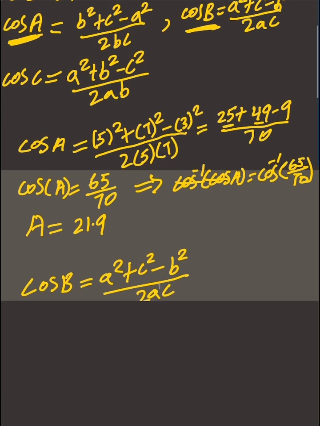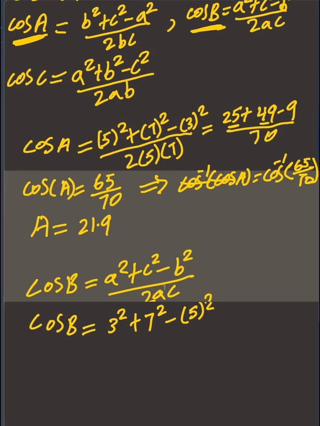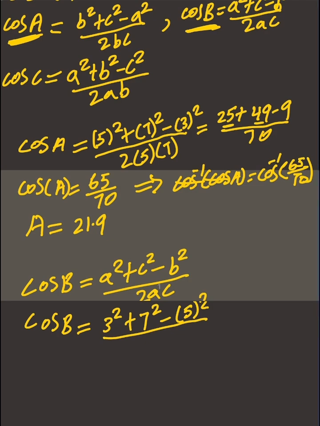We know that a is 3, so 3 squared plus 7 squared minus 5 squared, and at the bottom, 2 times a, which is 3, times c, which is 7.